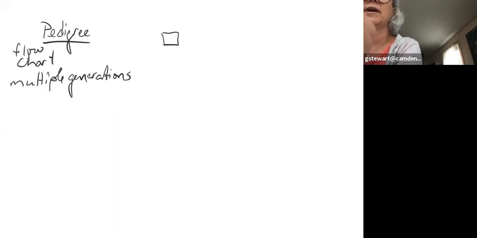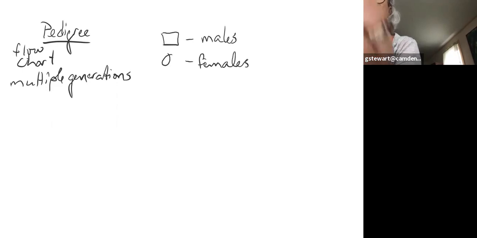Squares are males, circles are females. If the person is affected, meaning they show the trait or characteristic, they're colored in like this. Most books use either purple or red.